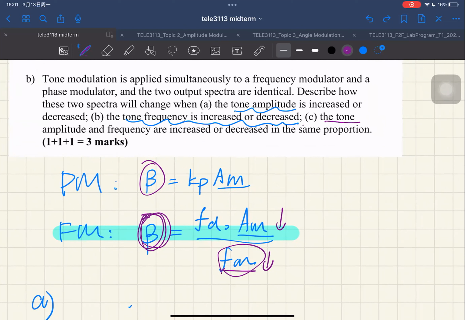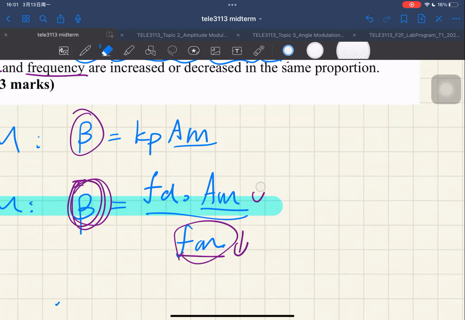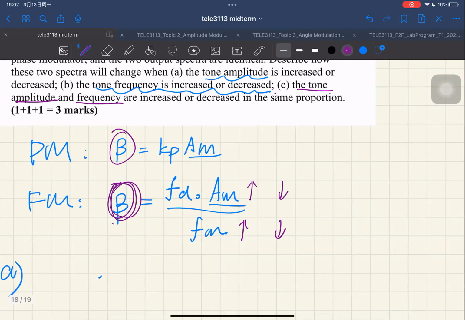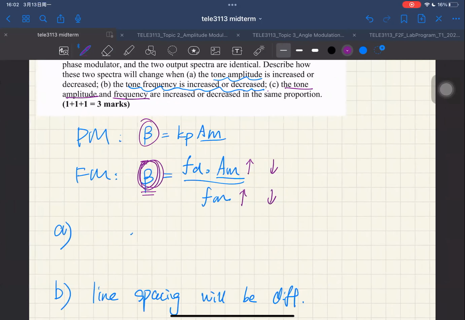But this time your amplitude and frequency are being increased or decreased in the same proportion, which means you are literally increasing and decreasing these two with the same proportion. So this beta will not be affected anymore. So your line spacing will be changed, and your amplitude is also going to be changed as well.